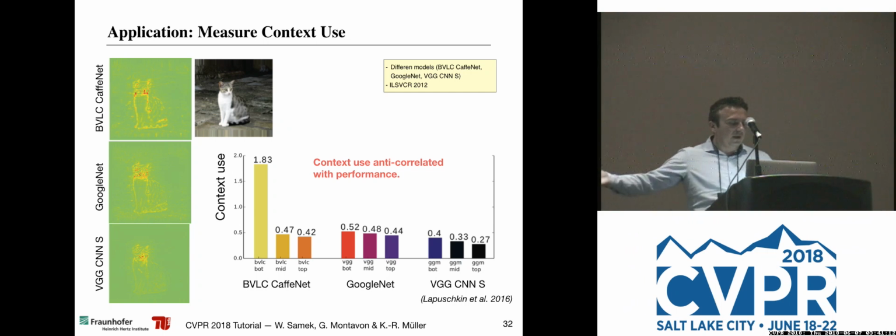Focusing on the face of the animal is a good strategy and shows that the model performs well. If the model puts a lot of relevance on the context, it is unsure, which shows that the model is not very certain about its predictions.